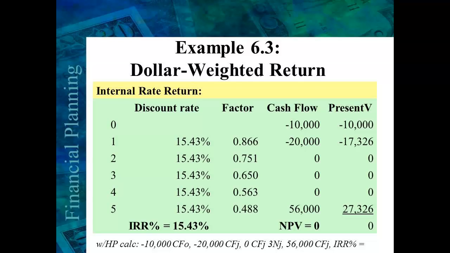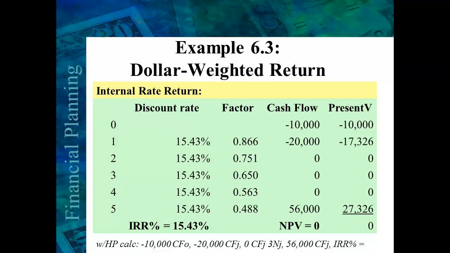Dollar-weighted return or internal rate of return is the rate that equates the present value of all cash inflows to cash outflows. As you see, a rate of 15.43% makes the net present value equal to 0. That is the dollar-weighted return.